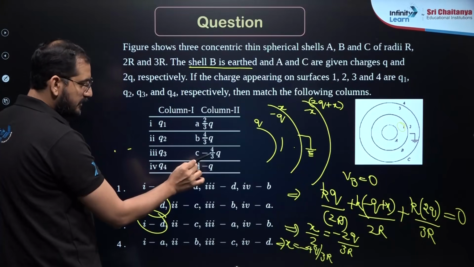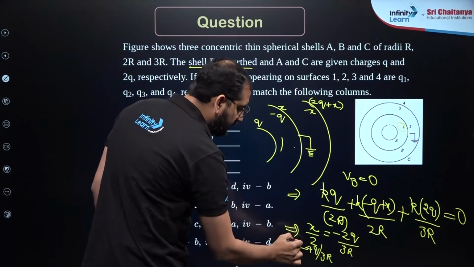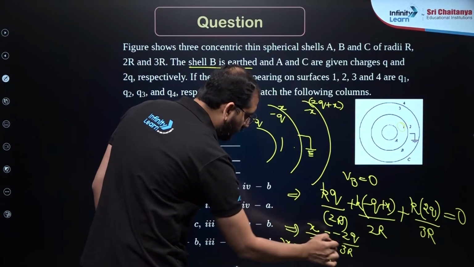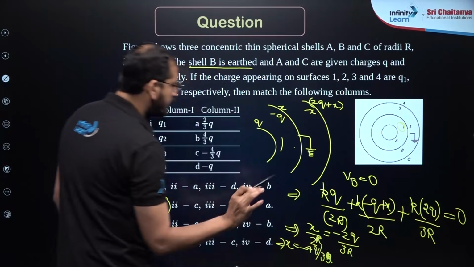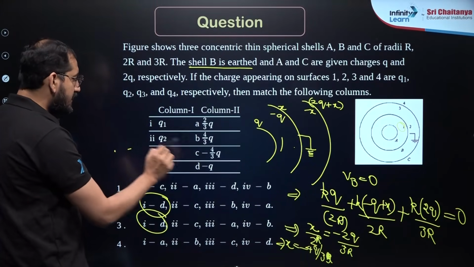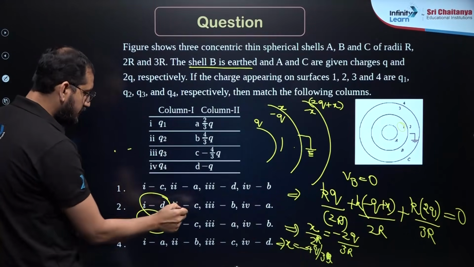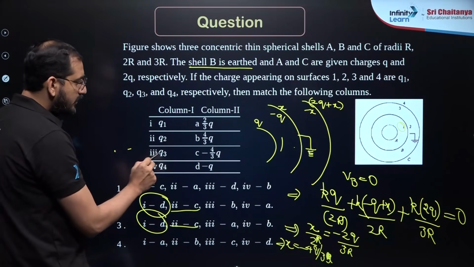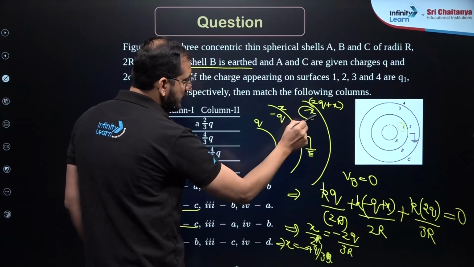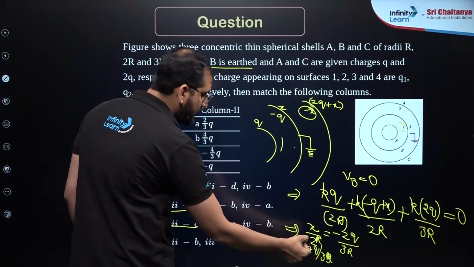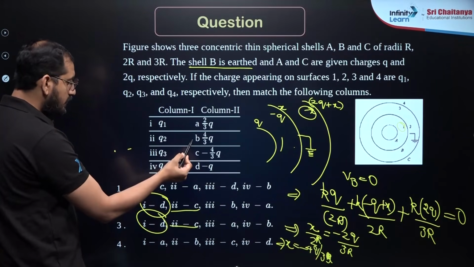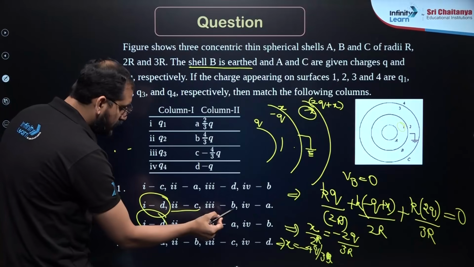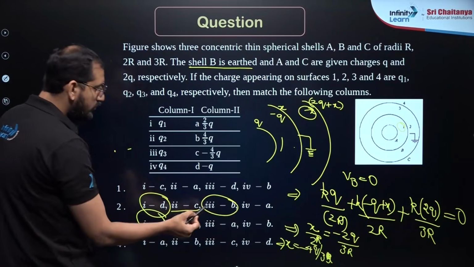When I cancel out, R will also get cancelled out from here. It will be just minus 4Q by 3. Hence, for the second, the C should match. Then for the third one, it should be minus X, which is plus 4Q by 3. It should be B. So clearly, option 2 is my winner.